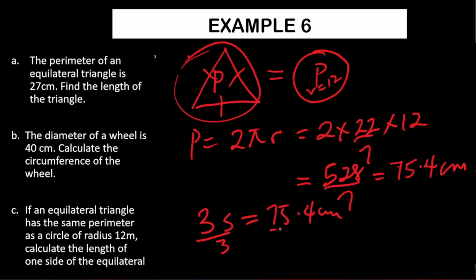Divide both sides by 3. So we now divide this one by 3. This will give us 25.1. So the answer will then be 25.1 centimeters. So the length of one side of the equilateral triangle is 25.1 centimeters.